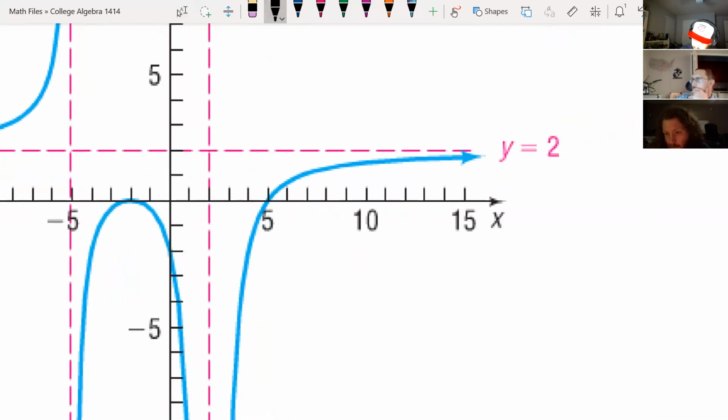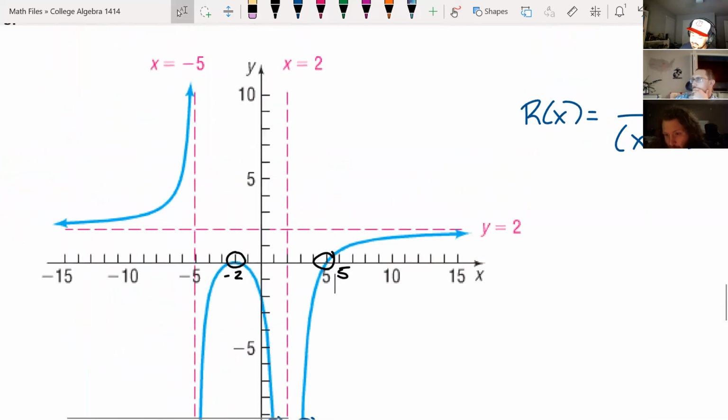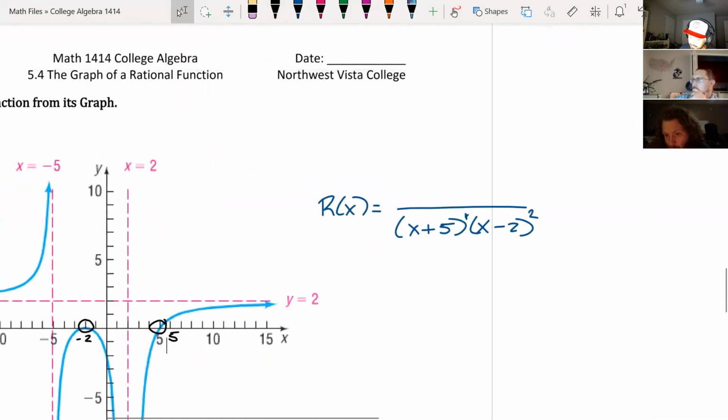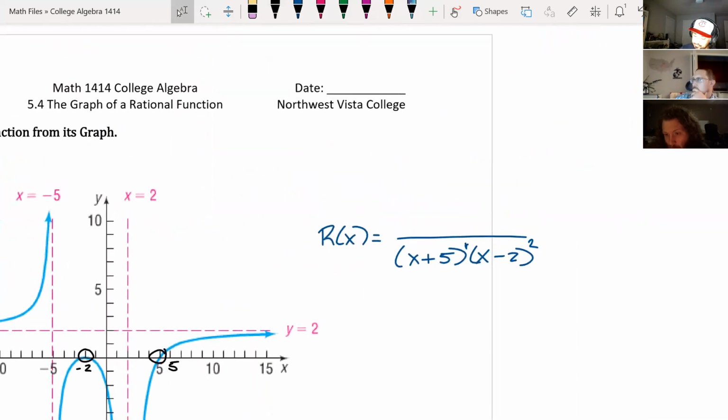Good. Perfect. Now, how would I put those back into factored form? x plus 2, x minus 5. Good.